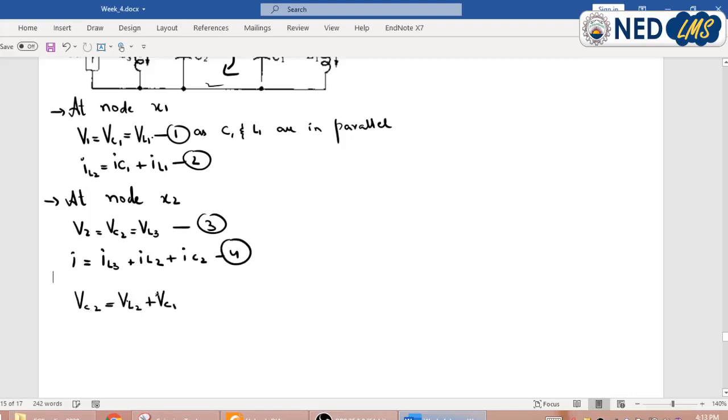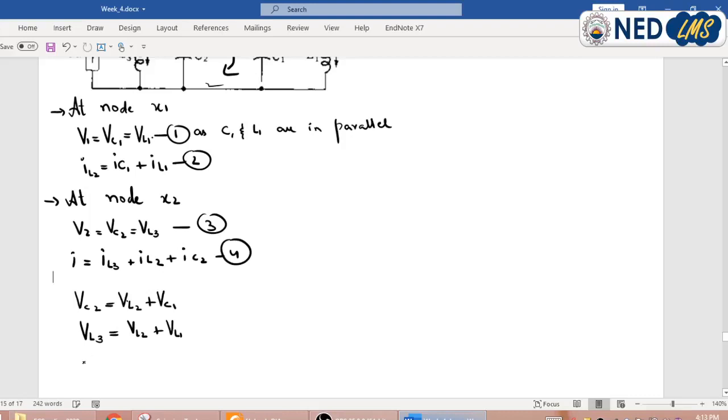This VC2 is equal to VL3. Similarly, VC1 is equal to VL1. So I can replace it as VL3 from equation 3 is equal to VL2 plus VC1, which is equal to VL1.